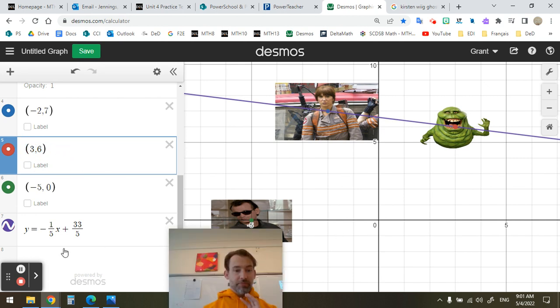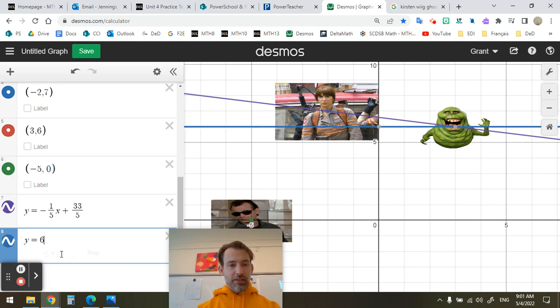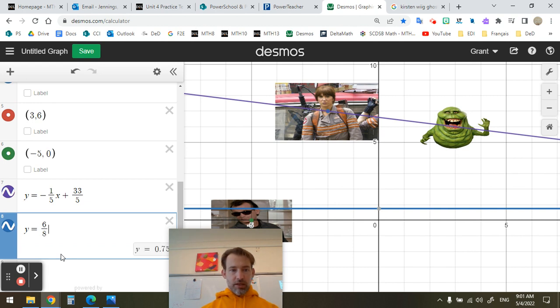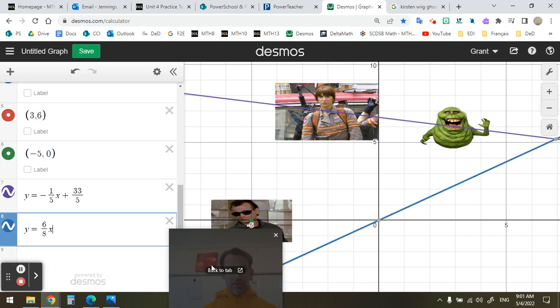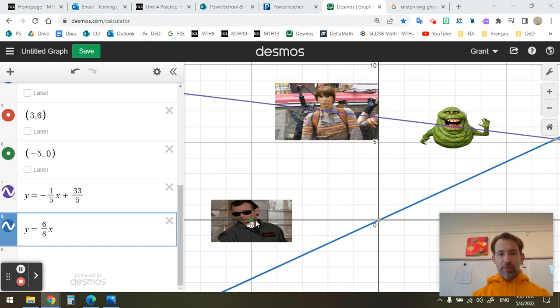So y is equal to rise 6 and run 8, and that's multiplied by x. Notice again, this is a line parallel with those 2 points, but below them. The y-intercept is going to be somewhere in between, and it looks like it's going to be around 3 and a bit.